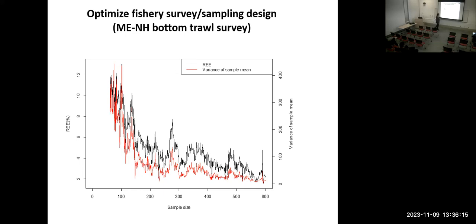Then we look into that, instead of a 3-level sampling intensity, we just plot it with different levels, a different number of sampling stations, and you can see that actually they are fluctuating.